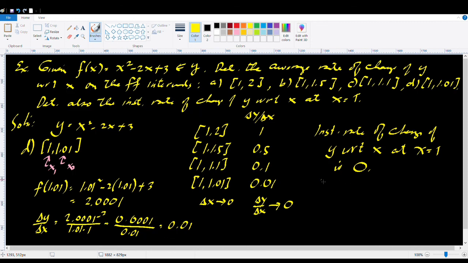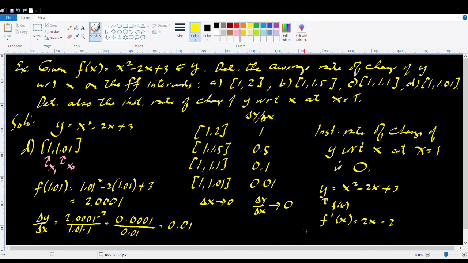And we can validate this by getting the derivative of y. So let us write y equal to x squared minus 2x plus 3. This is actually our f of x, right? So f prime of x is equal to 2x minus 2.